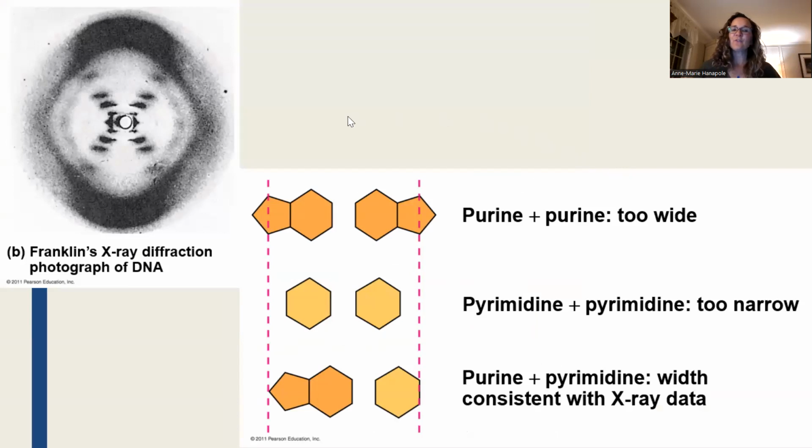And then if you remember back to 9th grade bio, and you saw this picture of Rosalind Franklin's X-ray crystallography picture, from her picture, Watson and Crick were able to figure out how wide the DNA molecule was. And from that width, they could figure out that you had to have a purine bonding to a pyrimidine to fit into that width.